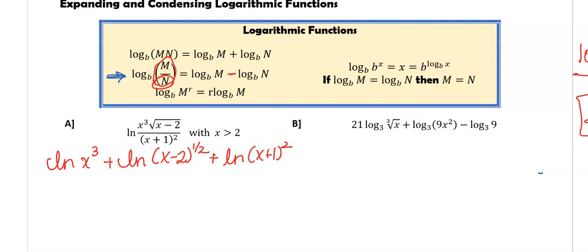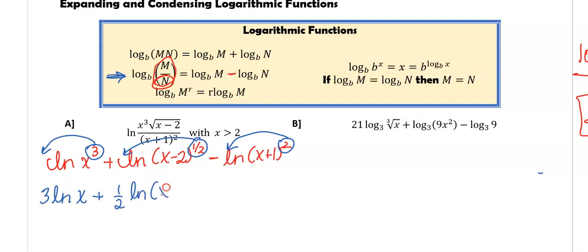Then we want to look at, I have a typo, because the x plus 1 was in the denominator, it should be a minus. Now we want to look at the powers. The powers are going to come to the front. So this will be, final answer, 3 natural log of x plus 1/2 natural log of x minus 2 minus 2 natural log of x plus 1.